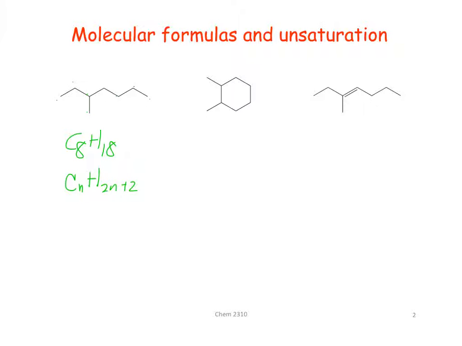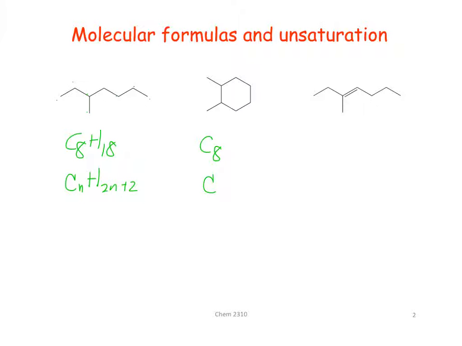All right? So what happens if we make a cycloalkane and we make a ring? Right? So if this one also has C8, but how many hydrogens are we going to have in this structure? Still 2n plus 2? No, because of the ring, we have to remove 2 hydrogens.